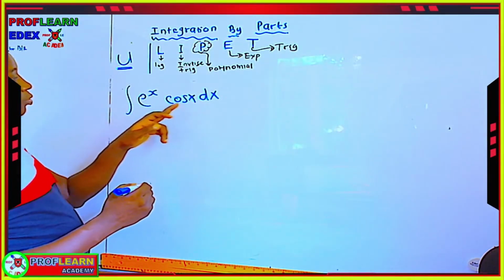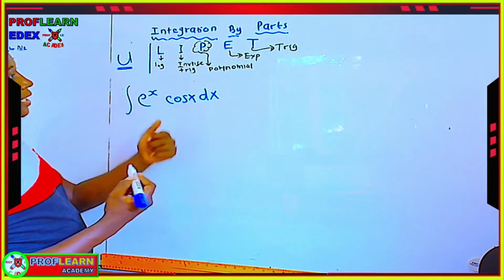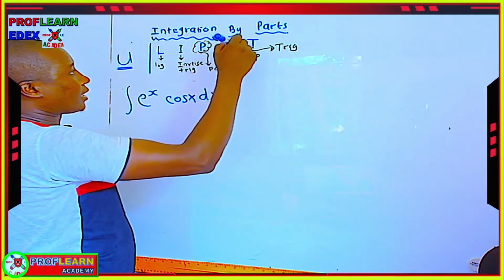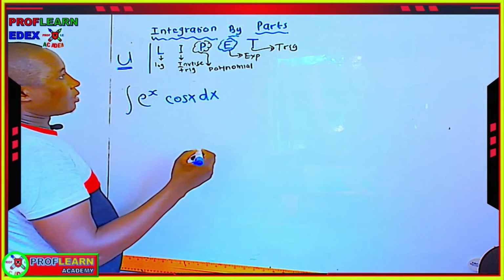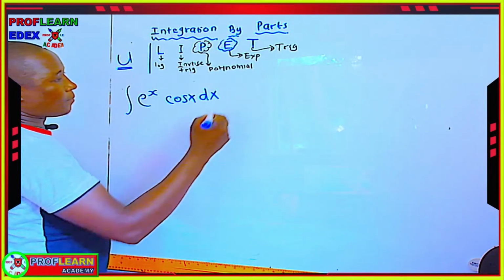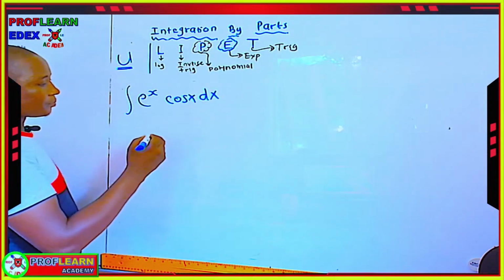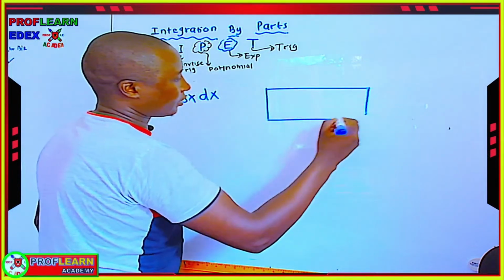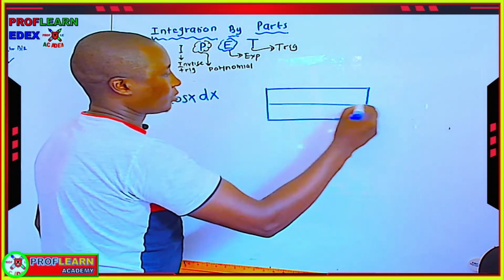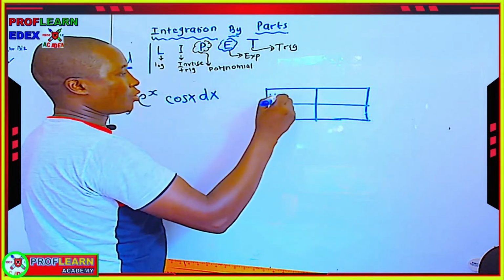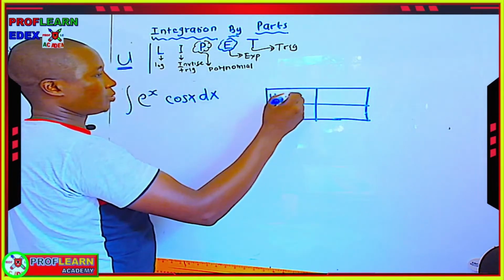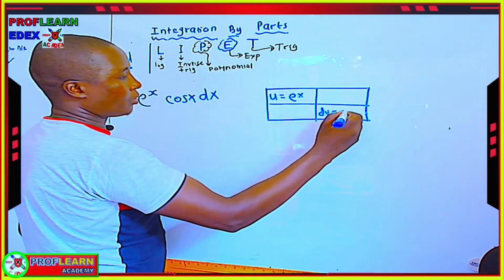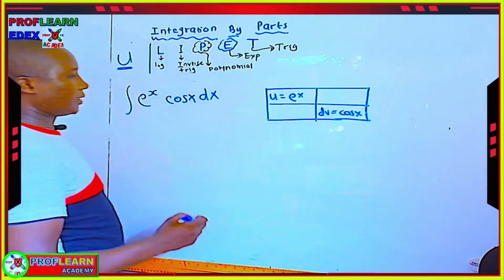We have an exponent, we have a trigonometric function. Which one comes first? We have the exponent coming earlier here. So we are going to say that in our integration, u is going to be equal to e^x, and our dv is going to be cos x, right?